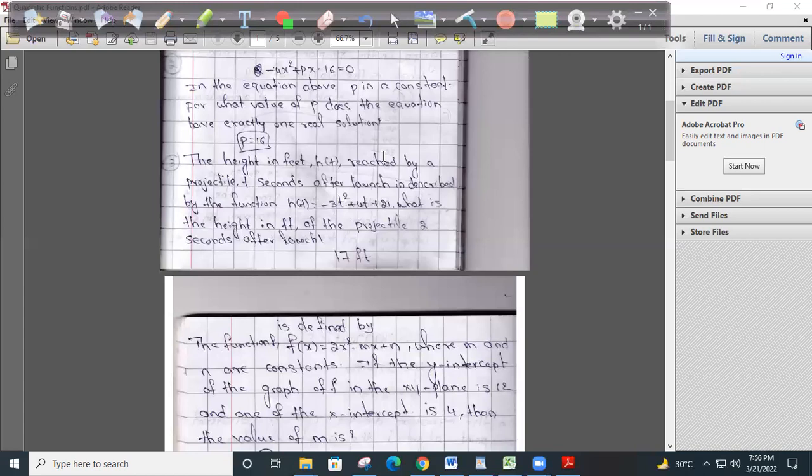Type your answer. If not, I'll solve and show it to you. Nothing is difficult. If you write what they have given, write what you need to find, and apply the concepts that you know, definitely you'll get the answers.